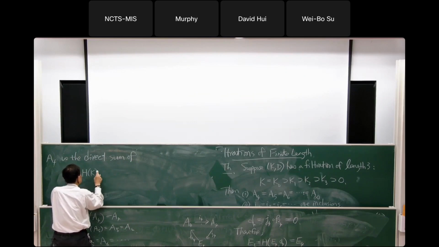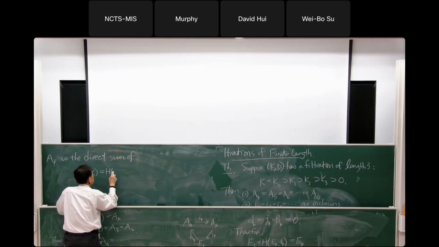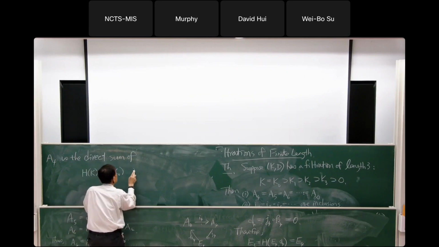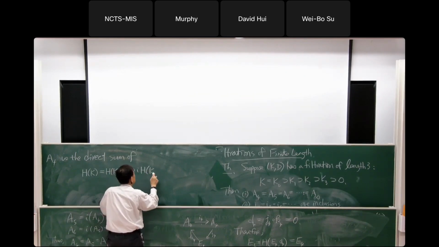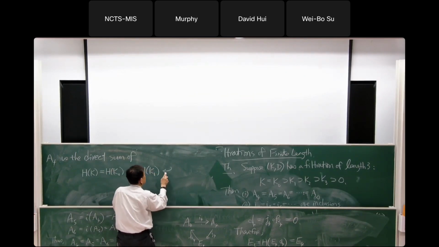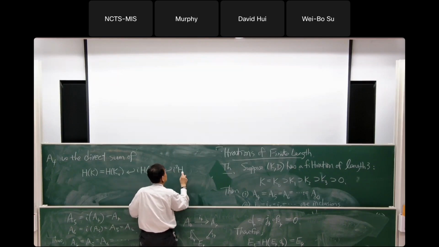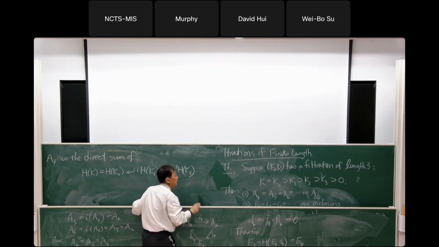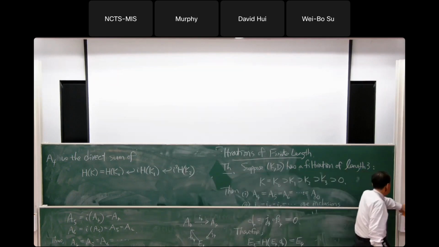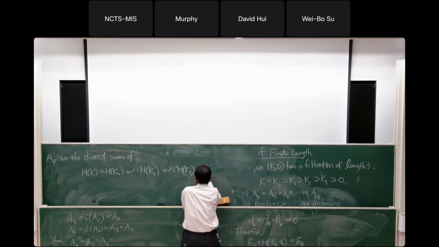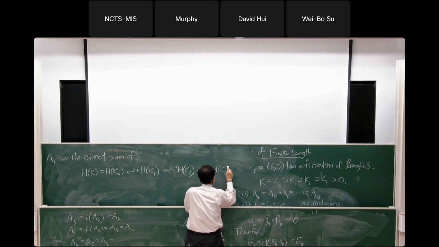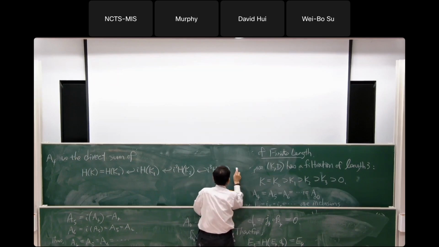You have H of K, that's H of K0, and then it contains IHK1, contains I squared HK2, which contains I cubed HK3. And then after that is 0.